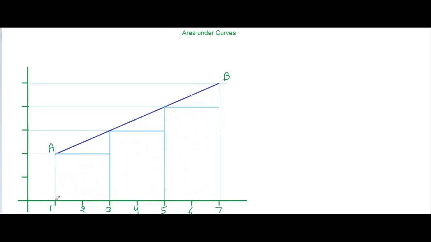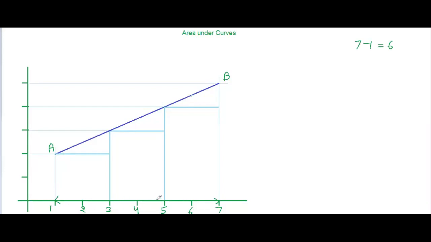So 7 minus 1 is equal to 6. This line on the x-axis, which is under this line segment AB, is of length 6.